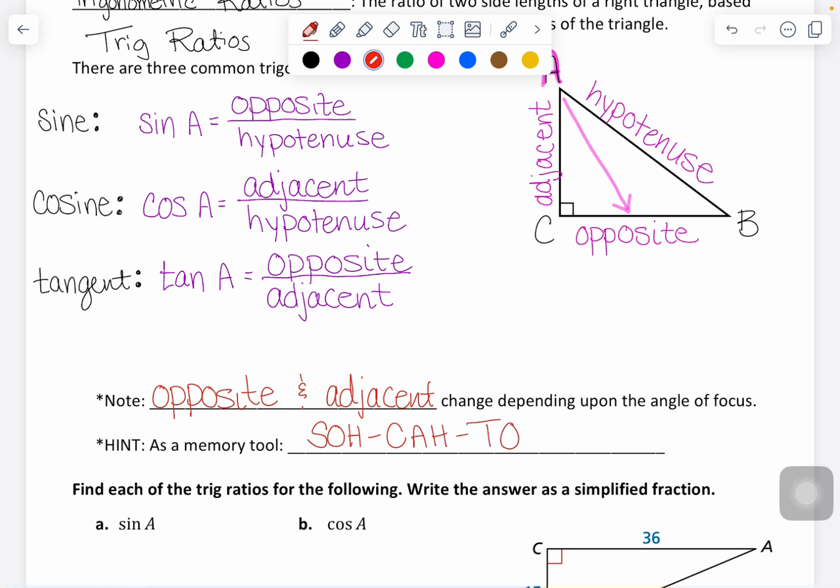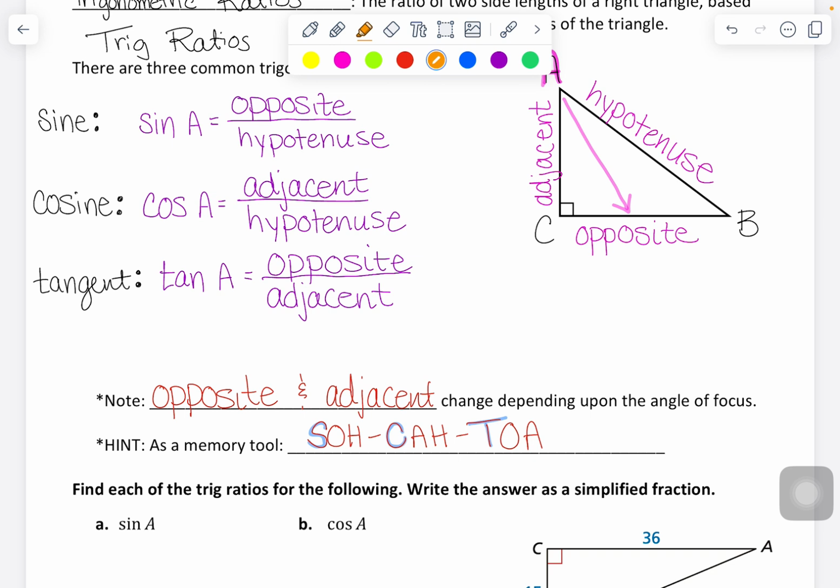You'll hear me reference SOHCAHTOA a lot. The S, the C, and the T stand for sine, cosine, and tangent. The other letters, the O's, the A's, and the H's, represent opposite, adjacent, and hypotenuse.